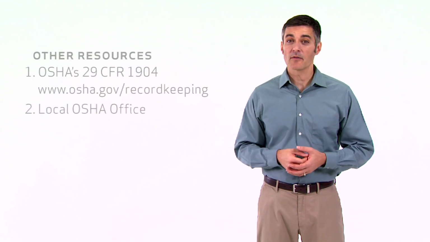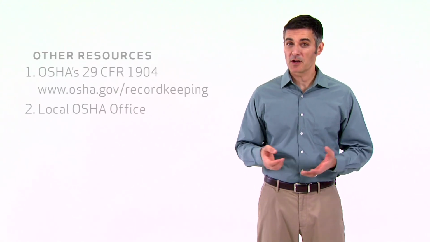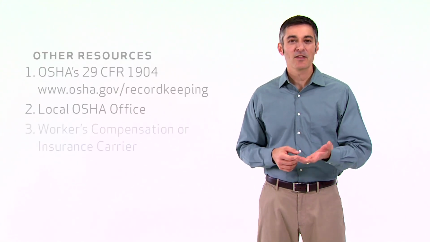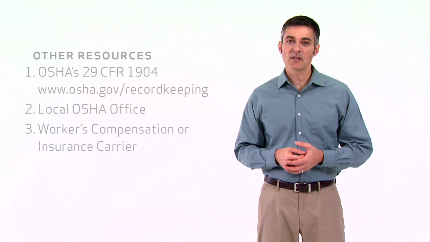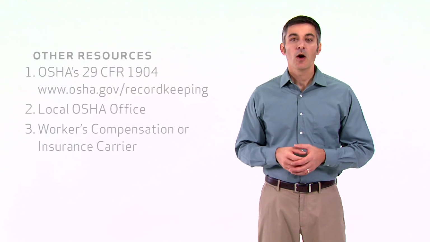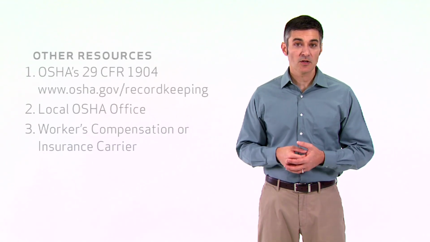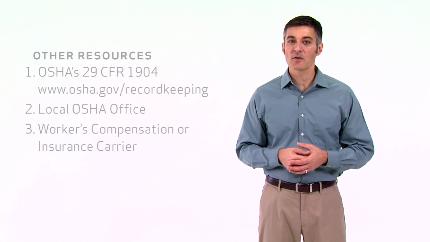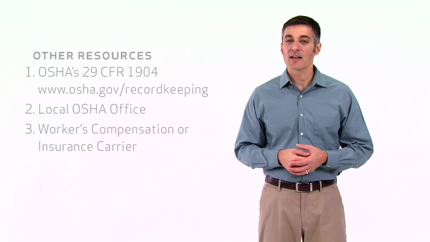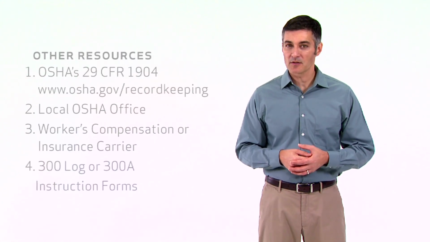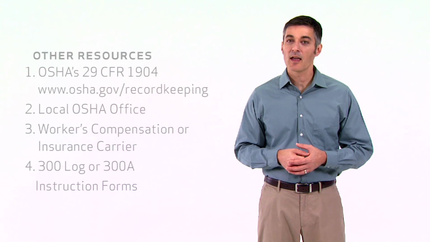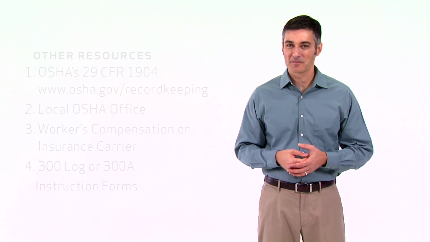Your local OSHA office, which you may call with any particular record-keeping question. 3. Your company's workers' compensation or insurance carrier, who are more than willing to provide assistance to your company. Or if you need additional specific guidance on how to fill those forms out, you can look at 4. the record-keeping instructions located on the 300 log and 300A summary forms.